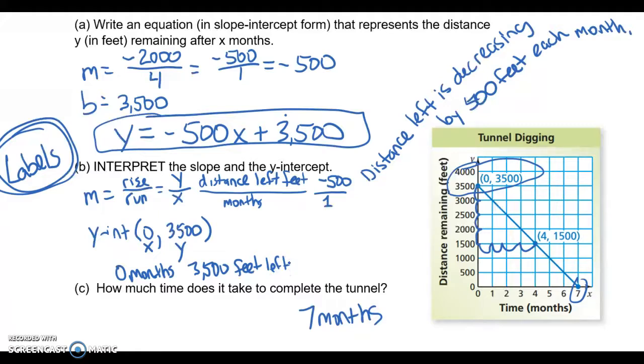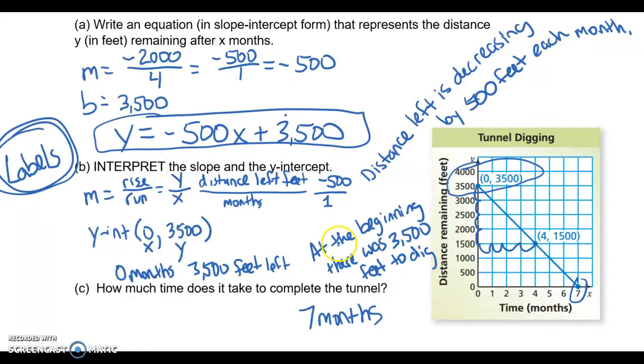So you wouldn't tell me at 0 months, that doesn't make sense. So we would say something like at the beginning or at the start, there was 3,500 feet to dig. Something like that.